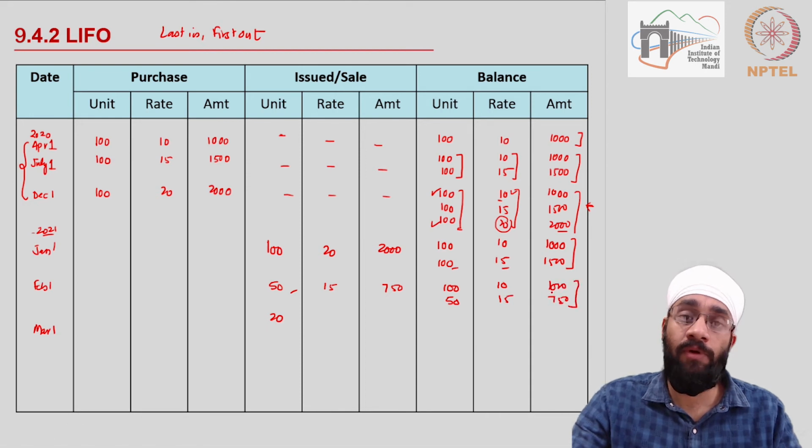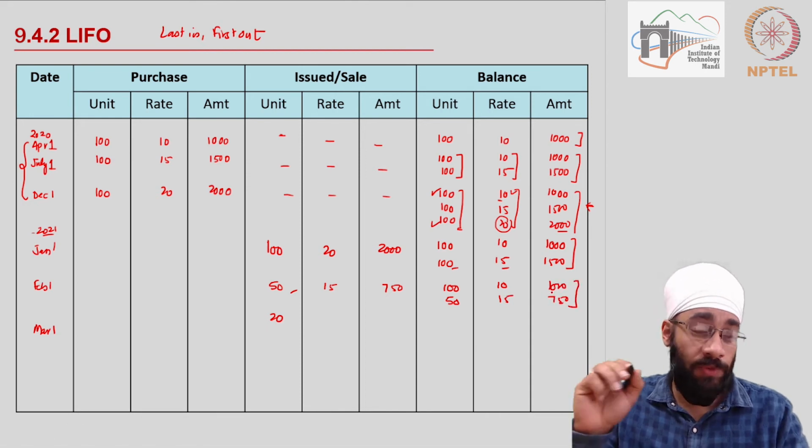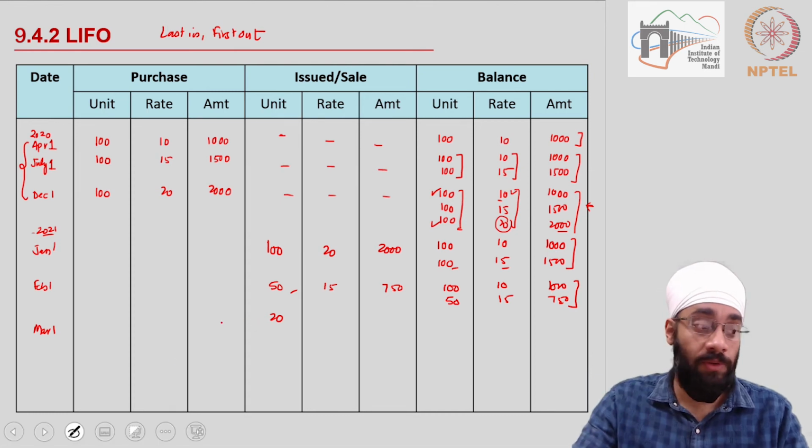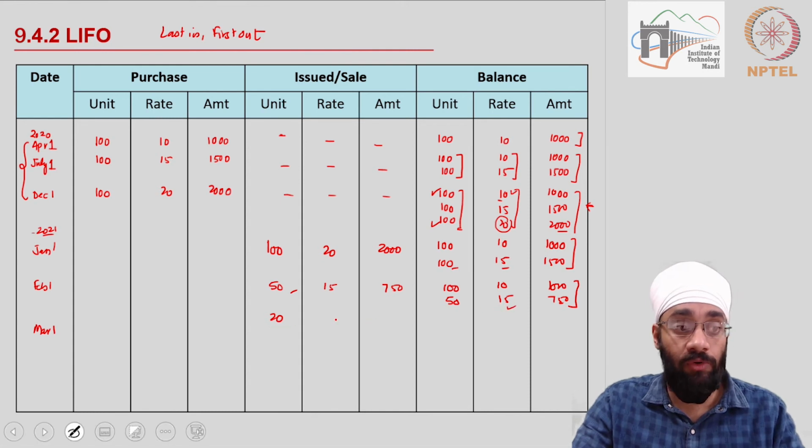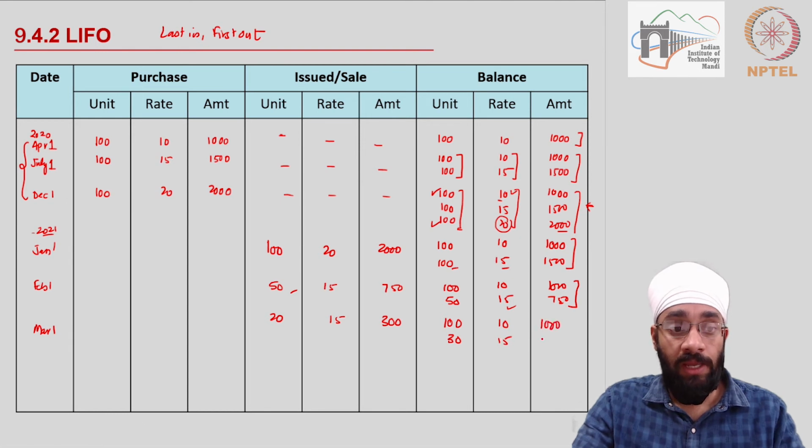This is the amount of stock remaining with you. This is the last in, first out method. Finally, on March 1st, you are selling 20 units again at 15 rupees, the latest stock that is with you. So 300, you're left with 100 and 30 at 10 and 15. This is 1000 and this is 450.